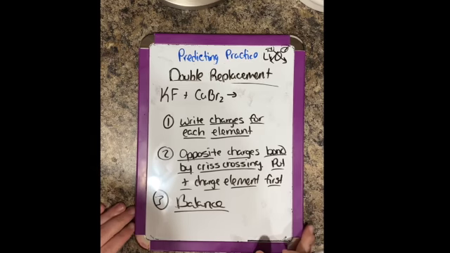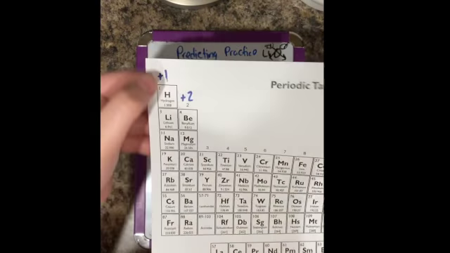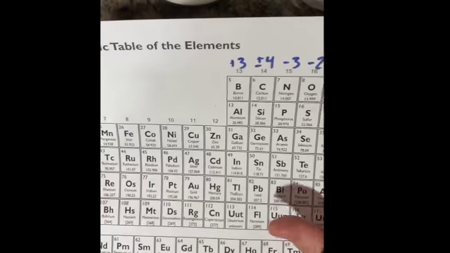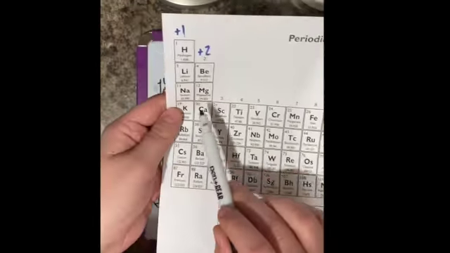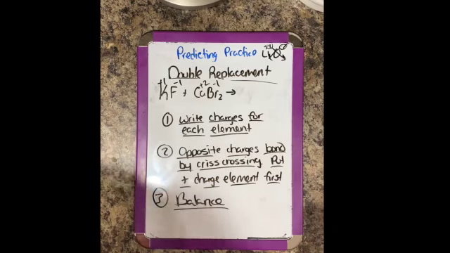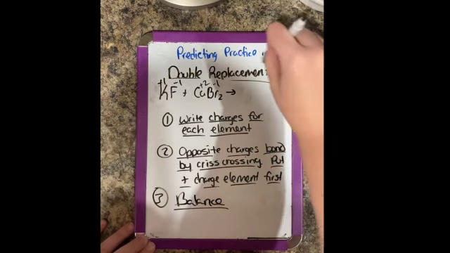So we have a compound plus a compound. First thing, we write the charges for each. K is a plus 1. F is minus 1. Ca is plus 2. Br is minus 1.